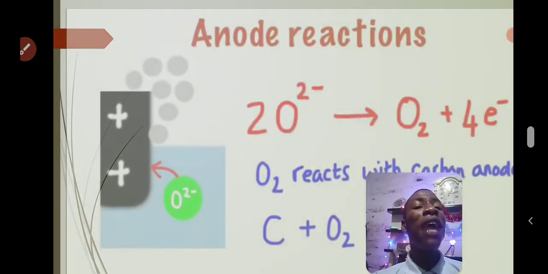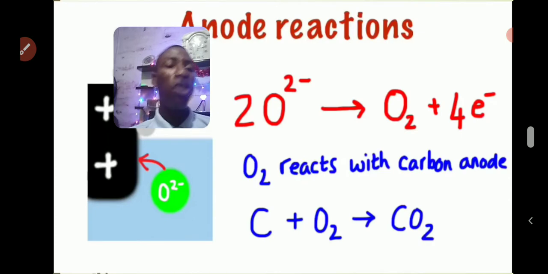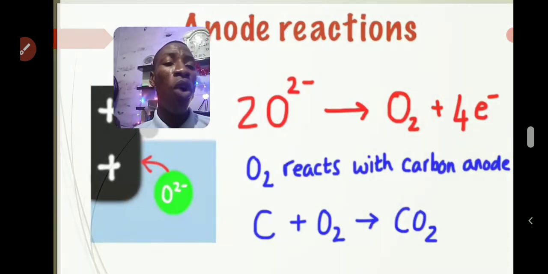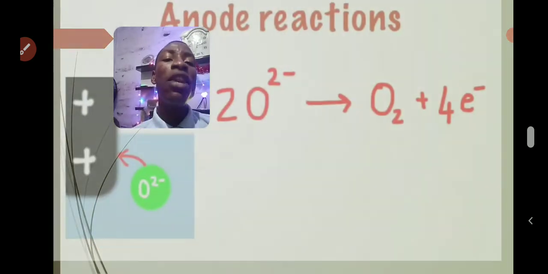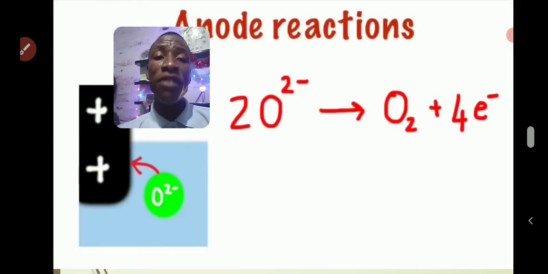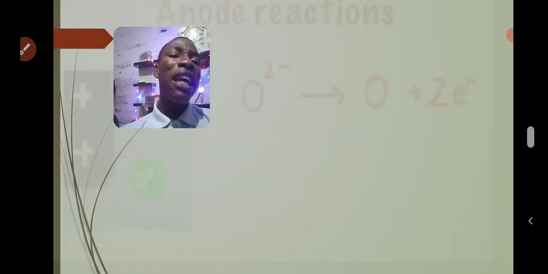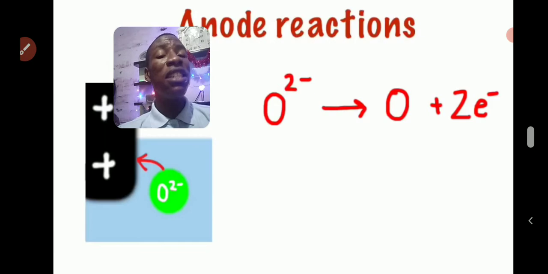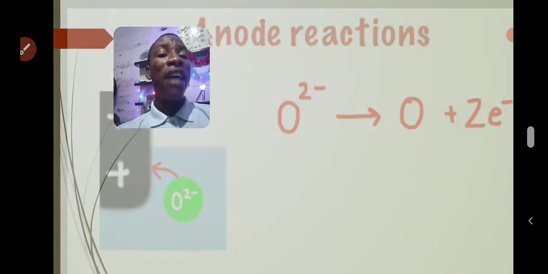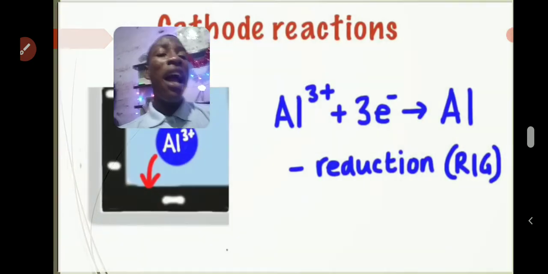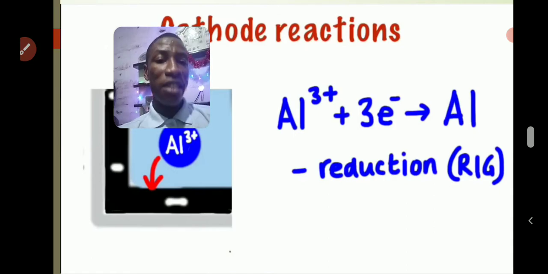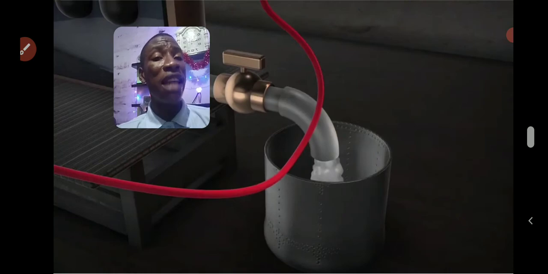But something else also happens at the anode, which I want you to take note of. At this anode, when oxygen gas is given off, the temperature of that reaction is very high, such that oxygen can react with the carbon blocks, the carbon that is serving as the anode.